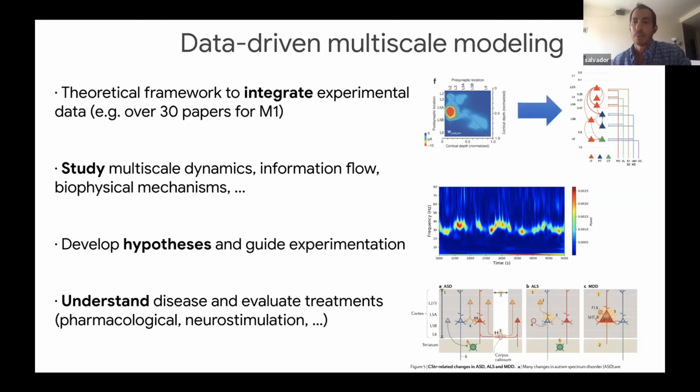We work with a couple of collaborators who have provided us data to build the models, and then we provide back some hypotheses of things that they can try experimentally. That closes the experimental-computational loop. Of course, eventually we would like to use the models to understand disease and potentially evaluate different treatments, both pharmacological or neurostimulation treatments.